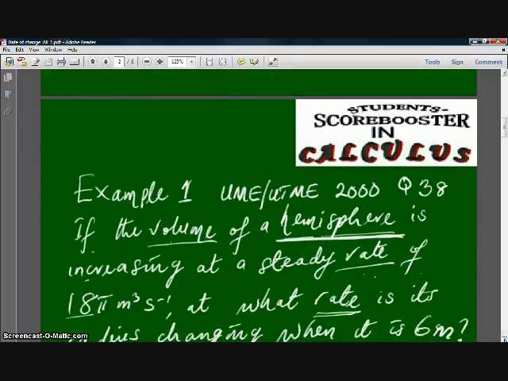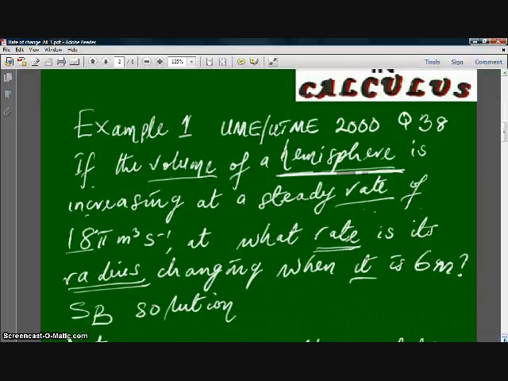So I would like to start with example 1. Example 1 was taken from UME, which is now UTME, of 2000, question 38.